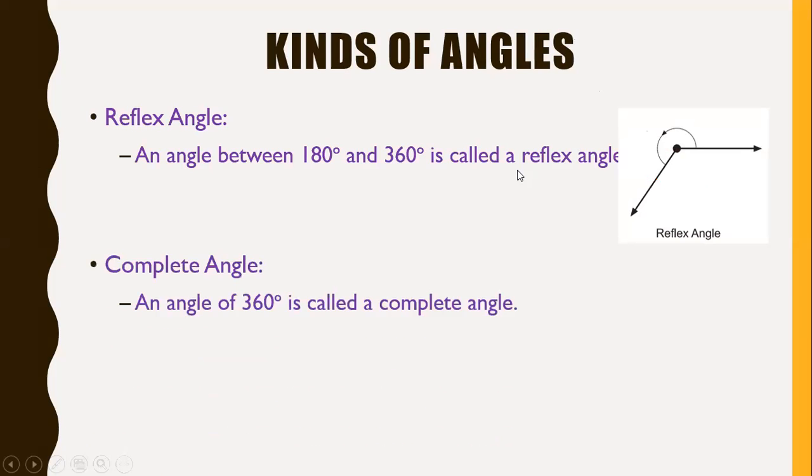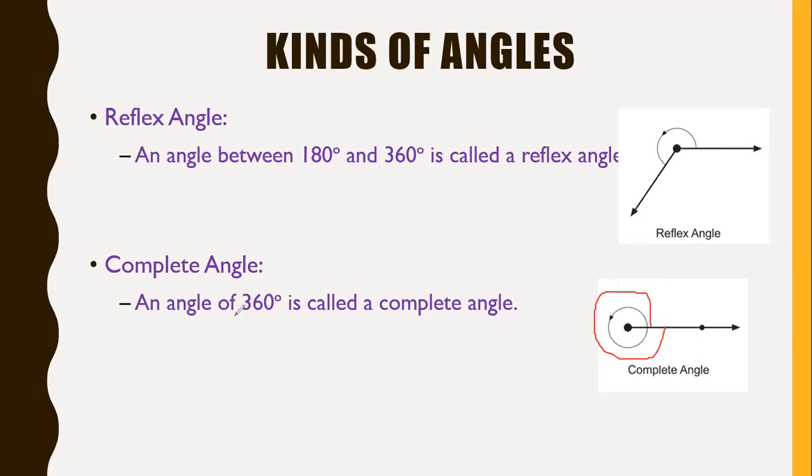Now next is complete angle. Look at the diagram carefully, students. If we start from here till the end, that means this is a complete rotation, right? So this is called the complete angle.